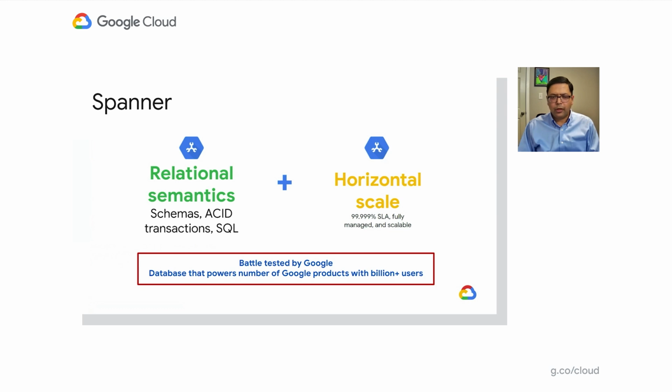To top it off, it's highly available, meaning we are talking about 5 nines of availability in a multi-regional configuration. It's fully managed. And this is something which Google built for itself. A number of our billion plus user products are sitting on top of Spanner. They use Spanner as the main database and something which we have been using for quite a long time.